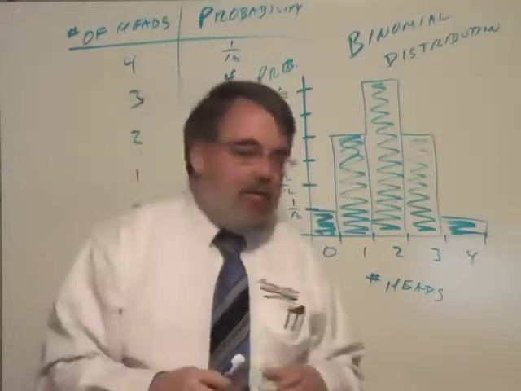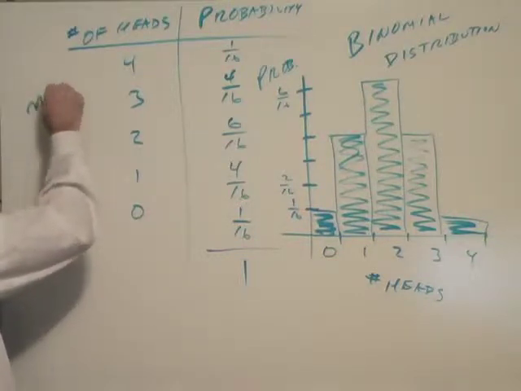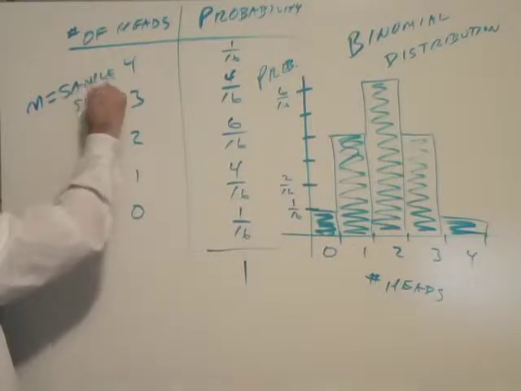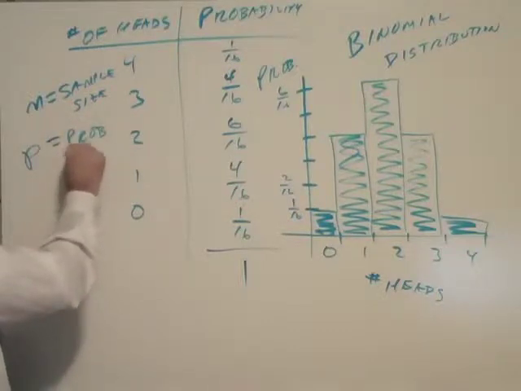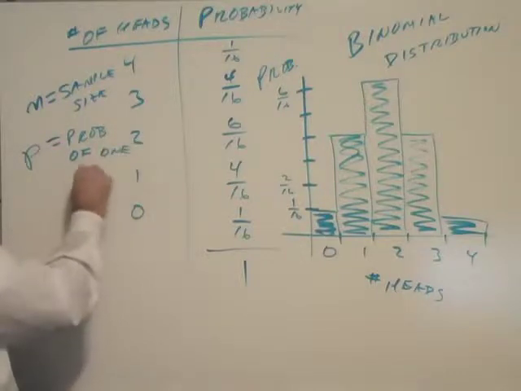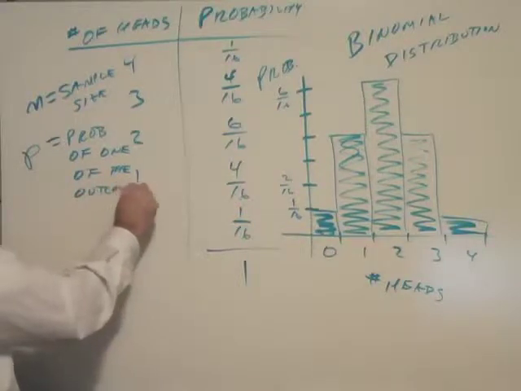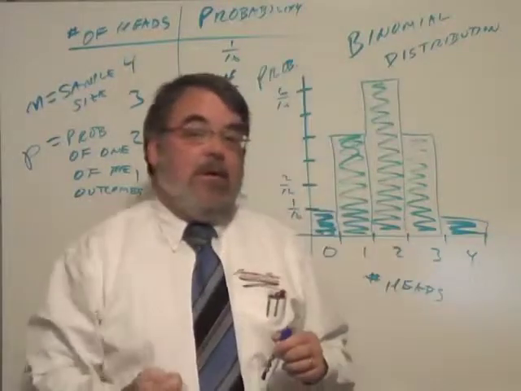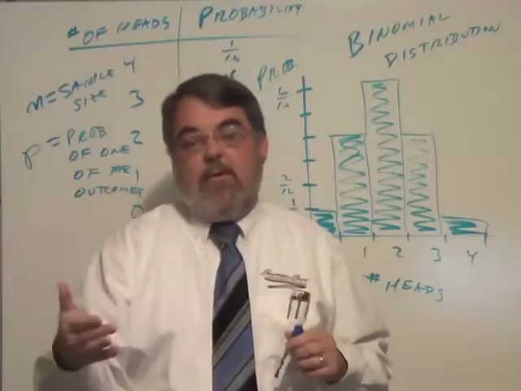I don't expect you to know this, but if n is the sample size, and little p is the probability of one of the outcomes, for example, if we're flipping a coin and p is the probability of flipping a heads, p would be 0.50 or 50%.